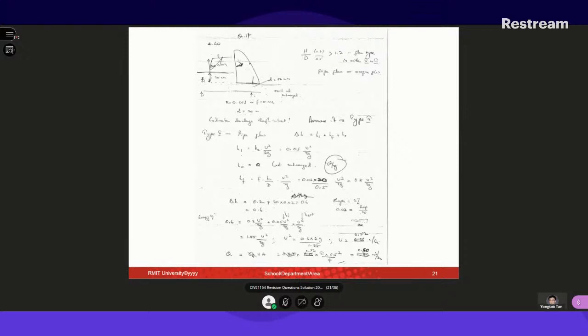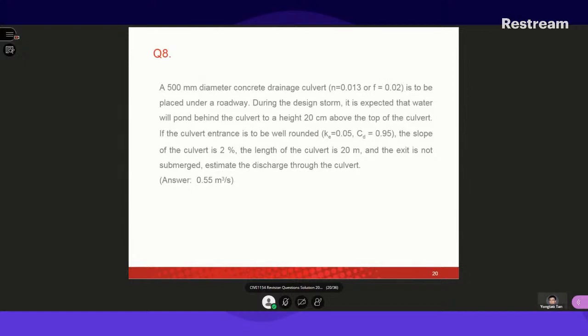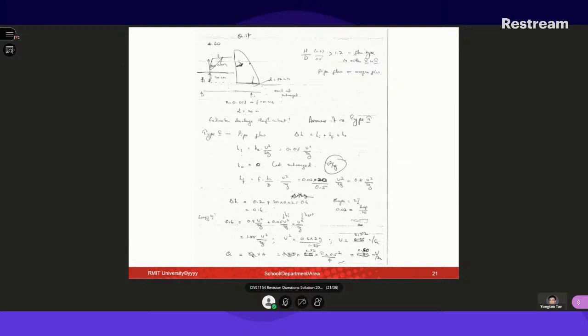You can draw a graph here to find out the head change, because it is 0.2 meters above the top of the culvert at the entrance, and we also consider the slope. The slope is 0.02 and the length is 20 meters. So we can find out the head change is 0.6.